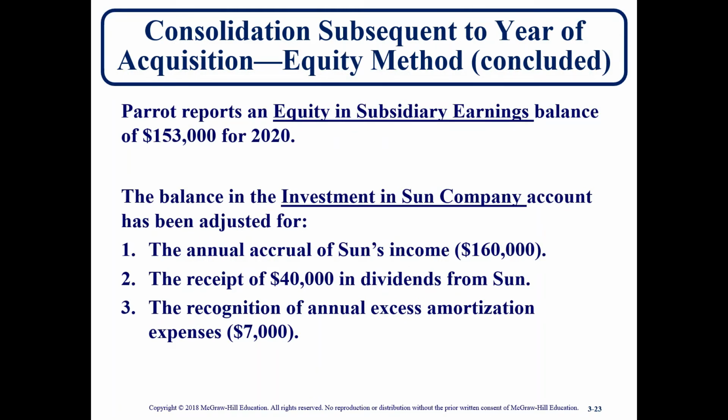So we fast forward to 2020. Parent reports equity in subsidiary earnings with a balance at the end of 2020 of 153,000. And the investment in Sun Company has been adjusted upward for Sun Company's income, downward for Sun Company's dividends, and then downward again for the net amortization expense.